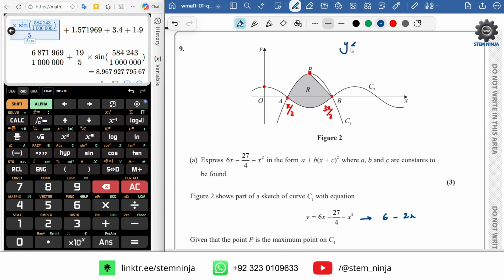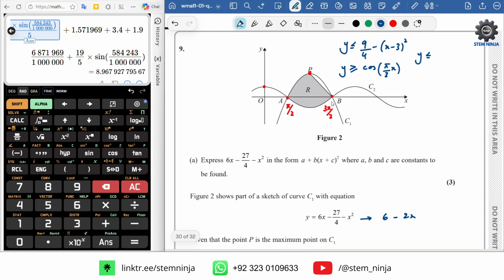So y is less than or equal to 9 over 4 minus (x minus 3) whole squared, greater than the cosine of pi by 3 x, and less than the line PB.